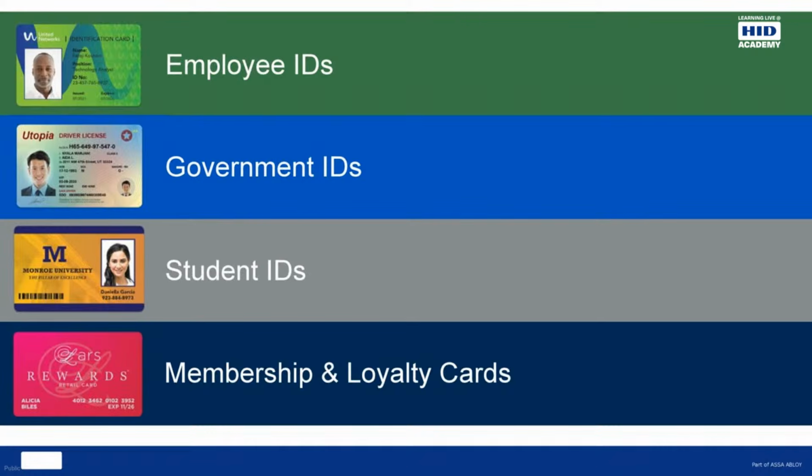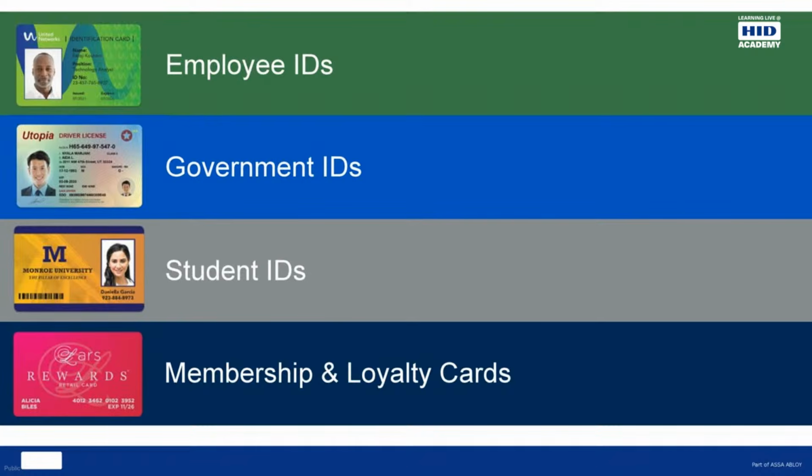Let's take employee IDs or government IDs, for example. You're typically dealing with high security credentials that need to last a long time. So that's where the HDP or retransfer printer really stands out, and it's usually the better fit there, giving you better durability and helping you show signs of tampering if there are any.